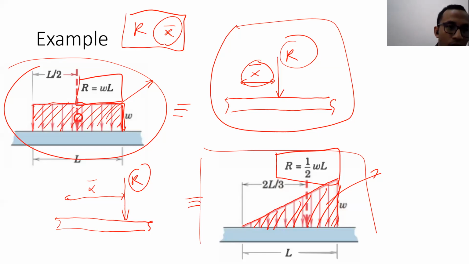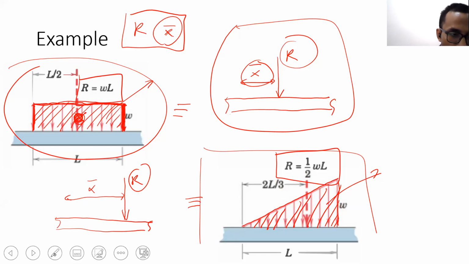If you have a rectangle like this, the centroid is supposed to be there.